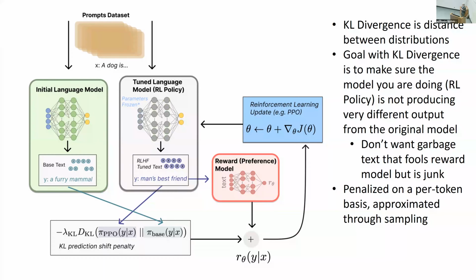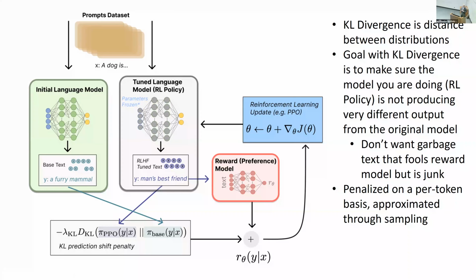And the motivation behind this is that you don't want the model to just generate junk or gibberish to show that it's generating non-toxic stuff, but it's just junk. You still want it to generate reasonable looking sentences.